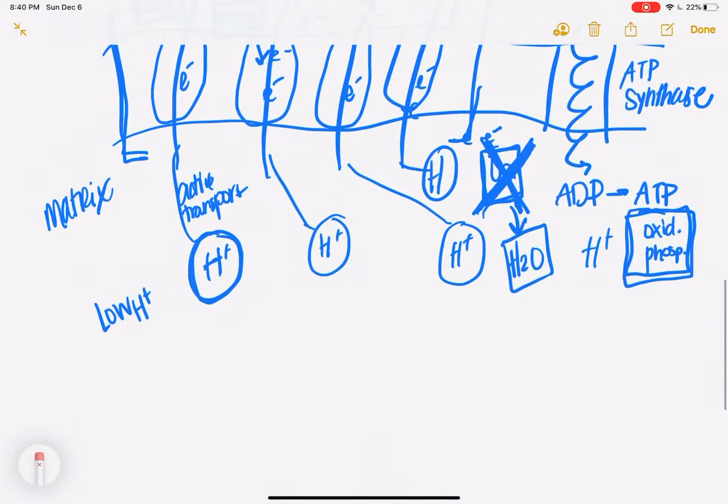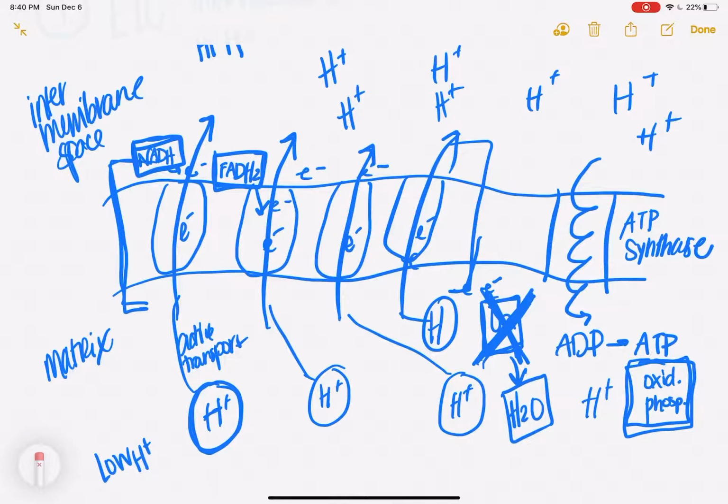After NADH and FADH2 drop off their electrons here, they go back to being NAD plus and FAD, and they go back and start the cycle over and pick up more electrons. But if they can't drop them off, they can't be recycled, okay? And so that's going to cause some problems. And tomorrow we'll talk about anaerobic respiration and what happens instead, okay? So this wraps up aerobic cellular respiration in a nutshell.